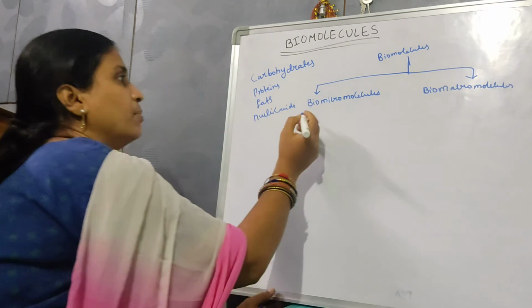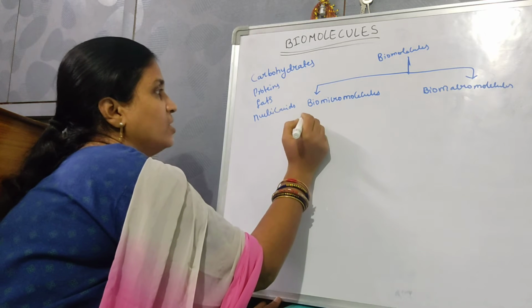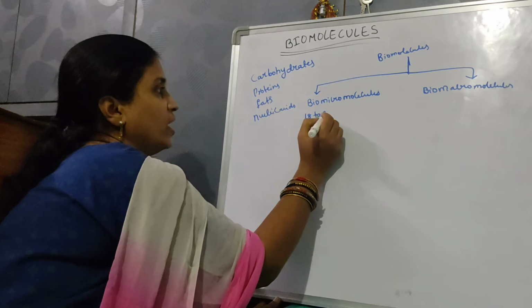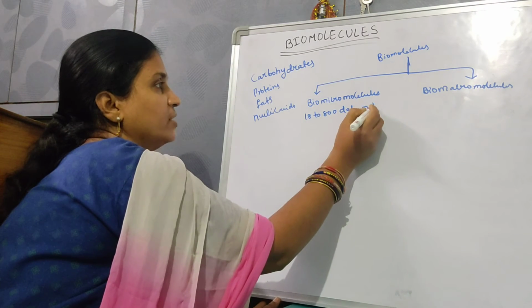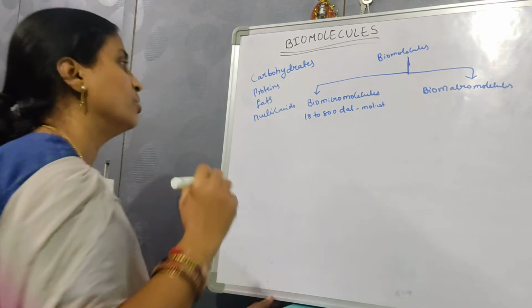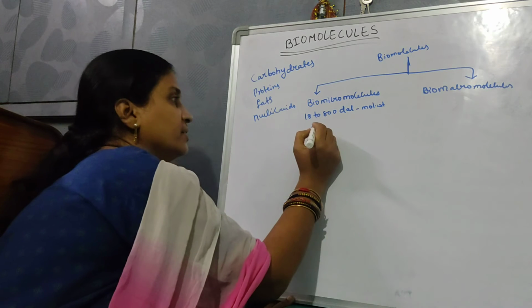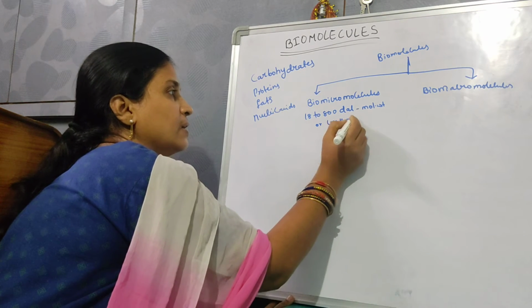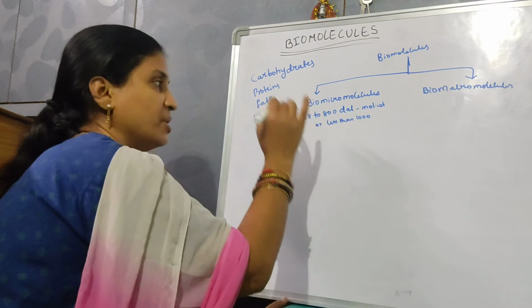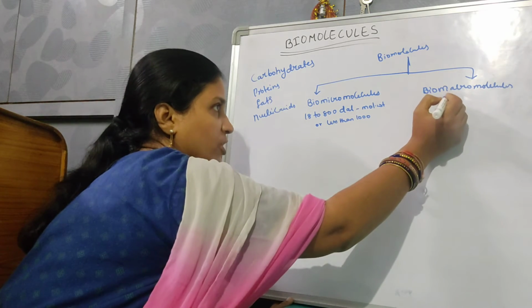Why are these called micromolecules? Because they have a molecular weight of 18 to 800 Dalton. The substances having molecular weight between 18 to 800 Dalton or less than 1000 are present in micromolecules.